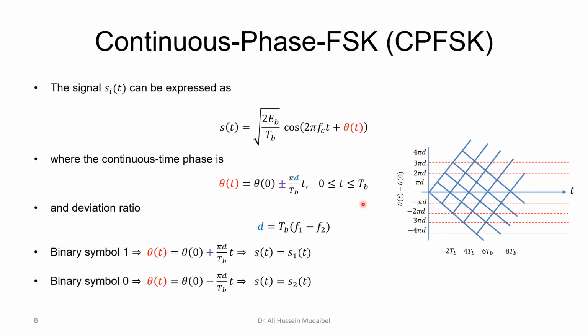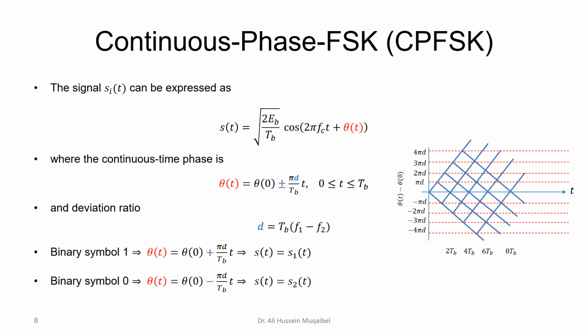Now, the deviation, the scaling factor of the phase, of course depends on the difference between the two frequencies, divided by the frequency of the bit duration, which is 1 over TB. If you divide by 1 over TB, then of course the TB goes up and we get TB times F1 minus F2.